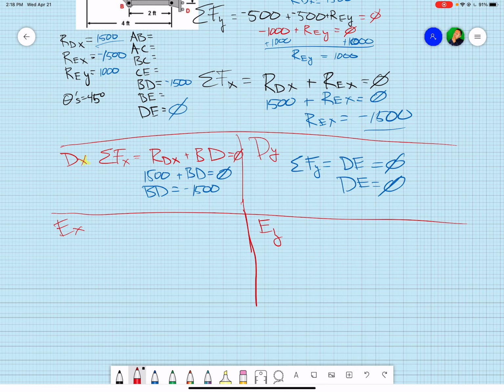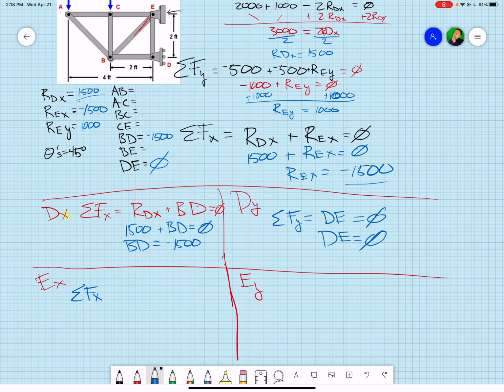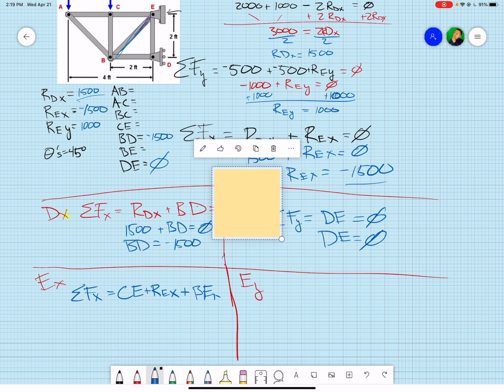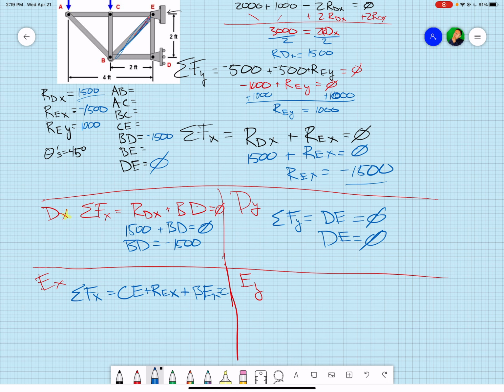So for E in the X, the sum of the forces in the X: we have ED, we have CE, that's horizontal, we have REX, and we also have the horizontal component of BE, so BEX, and that adds up to 0.